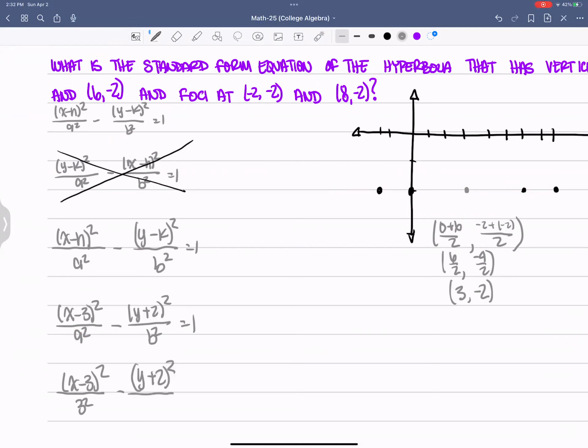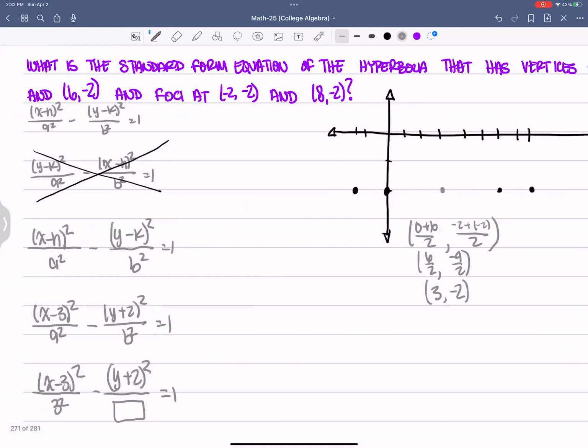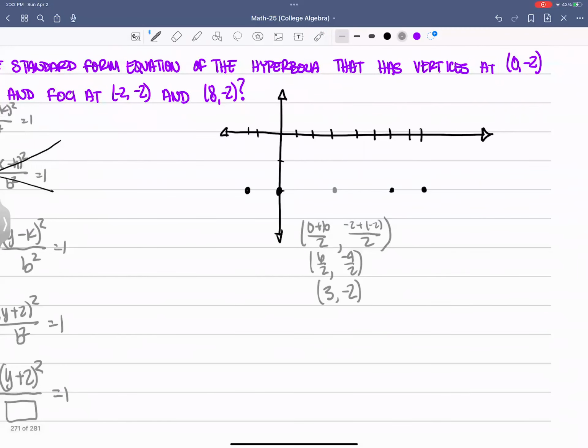over, we don't know that one yet, equals 1. So we have to figure out this part here. We can easily figure that out by looking at the distance again. From the center, we went 1, 2, 3, 4, 5 units there, and 1, 2, 3, 4, 5 units over here too.